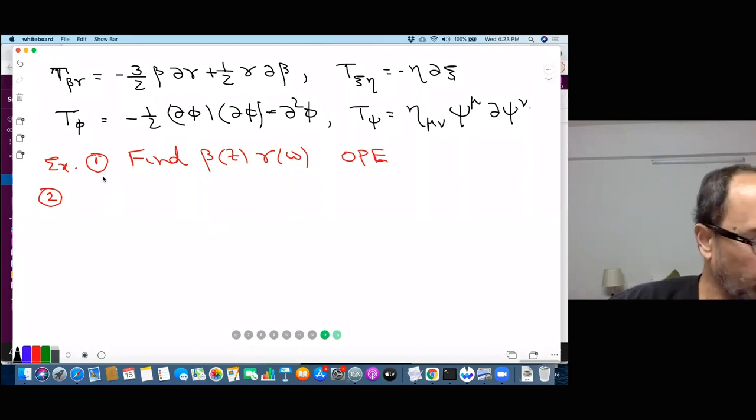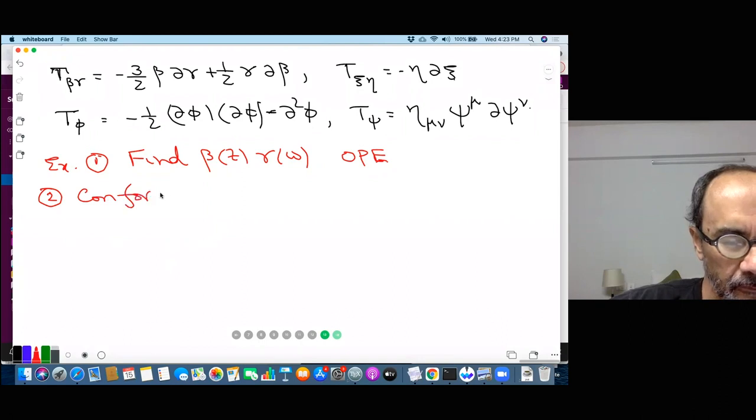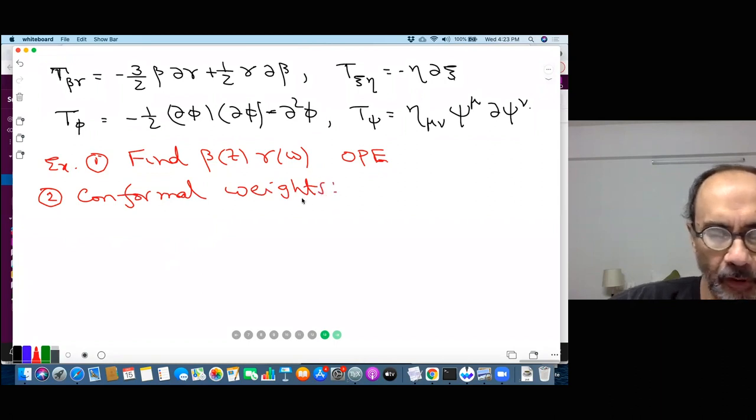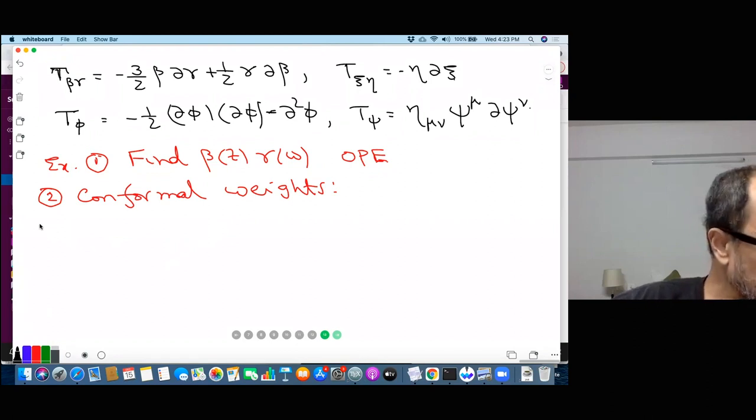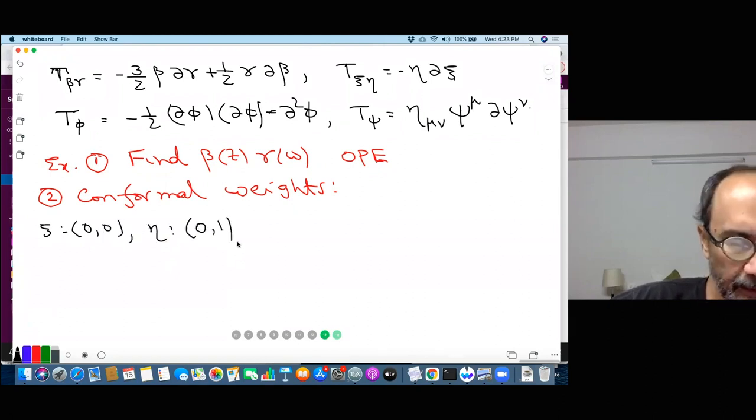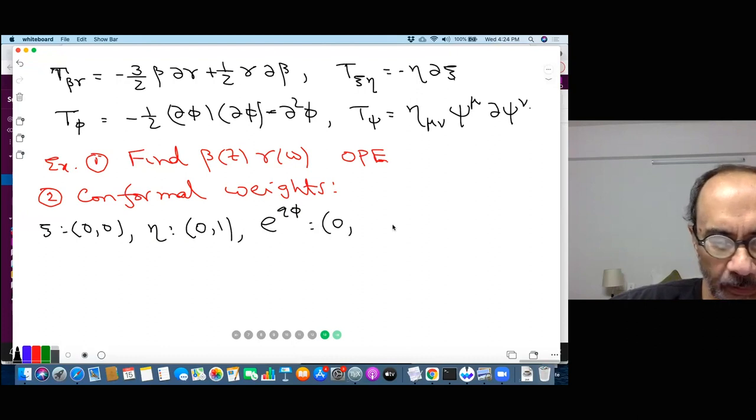Now the conformal weights. All of these can be found from the operator expansion. So xi is (0, 0), eta is (0, 1), e to the q phi is (0, minus half q times q plus 2).